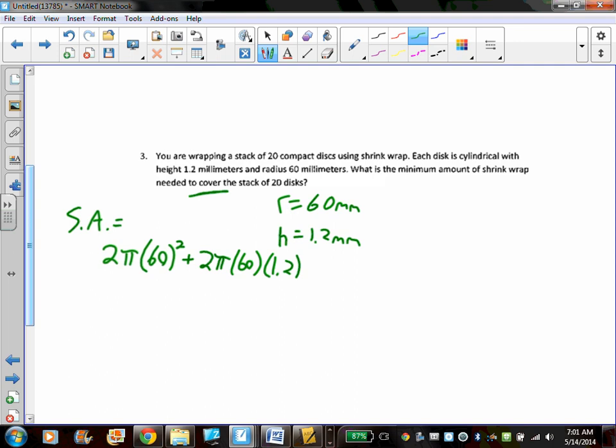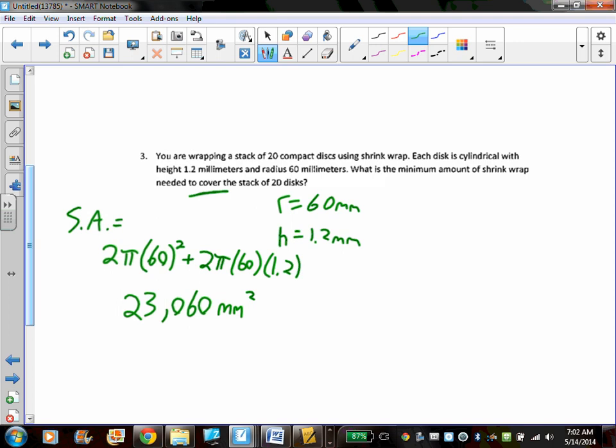And what you end up figuring out is that the surface area of one of these discs is 23,060 millimeters squared. Now keep in mind, millimeters are very small, so a square millimeter does not take up very much space whatsoever. It's actually a very small unit of measure.